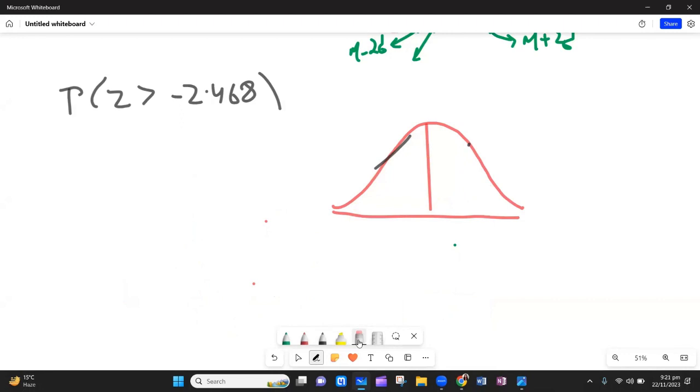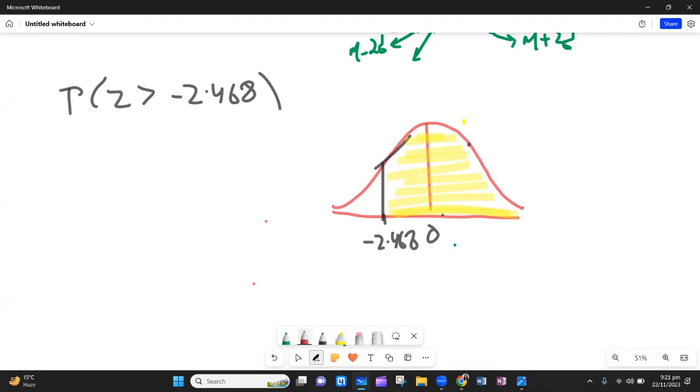So negative 2 would be somewhere over here, let's say negative 2.468. We have to find this area or this probability. Now there are two problems: one, it is a negative value and the table does not read negative values, and two, it is greater than. The table also does not give greater than; the table always gives less than, the probability z is less than this value.